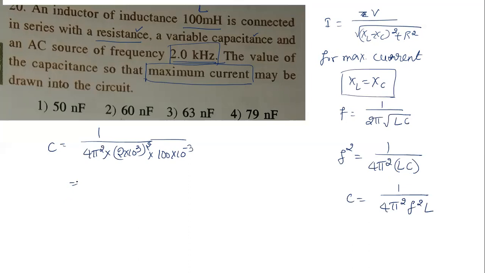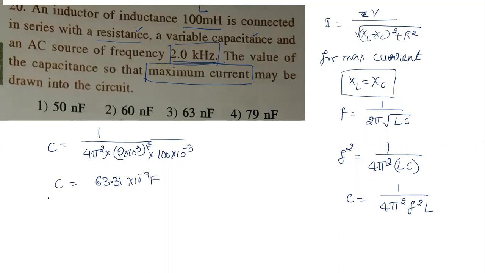So let us simplify this. What are we going to get as the value finally? We get 63.31 into 10 power minus 9 farad.